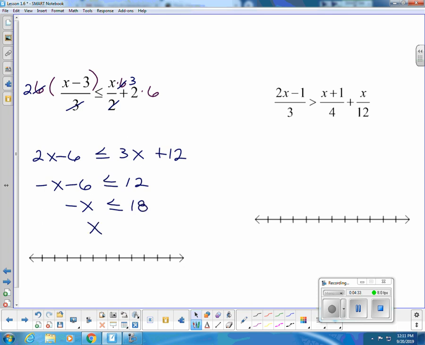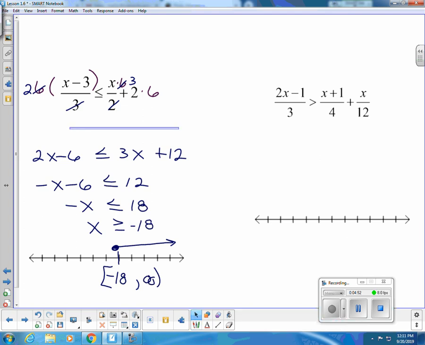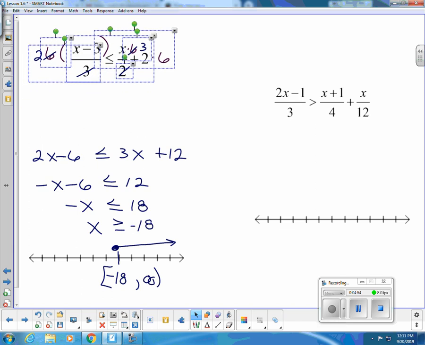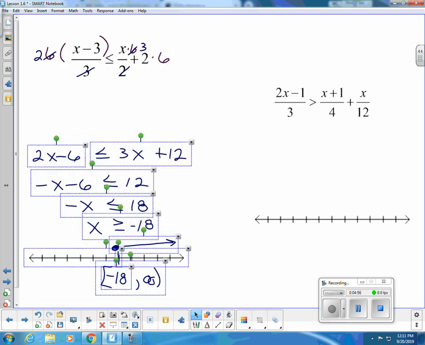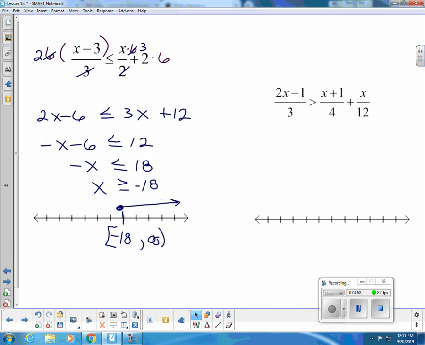So when I divide by negative 1, it flips my symbol. Okay. So really, clearing the fractions is what you have to remember there.